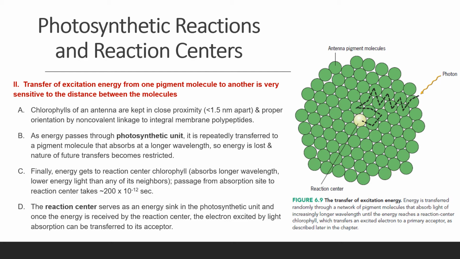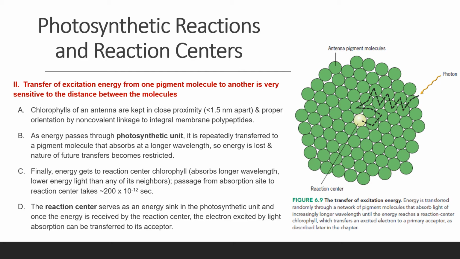Okay, so a rule that operates among antenna pigments is that energy can only be transferred to an equal or less energy requiring molecule. So this is why you see patterns on the image, right? Again, the passing of the energy can only be sent to those who really require it.